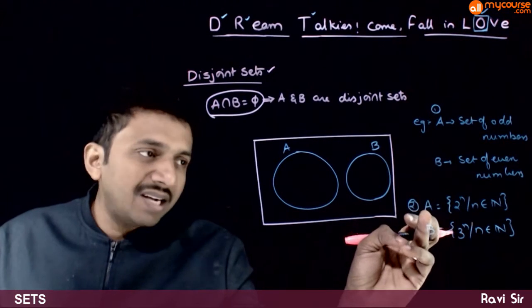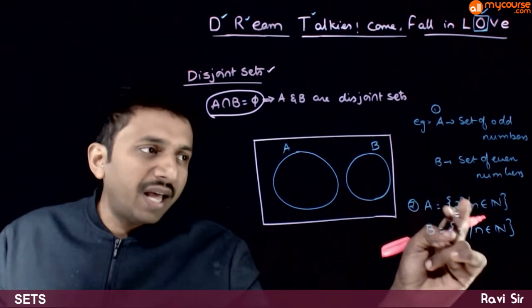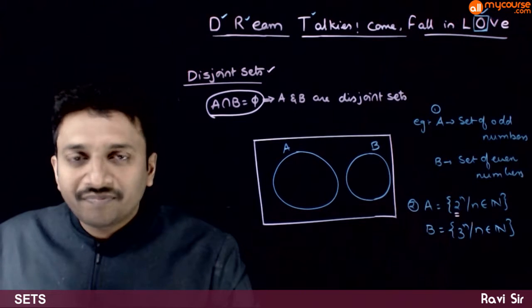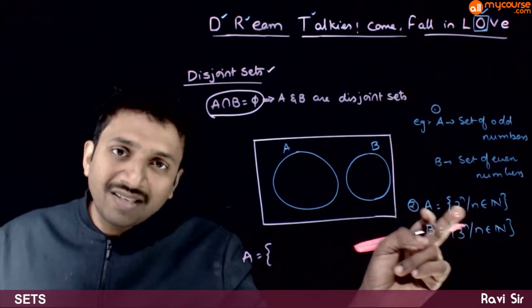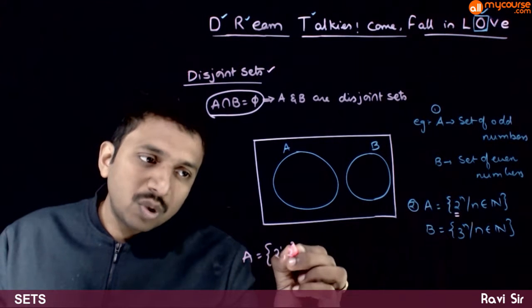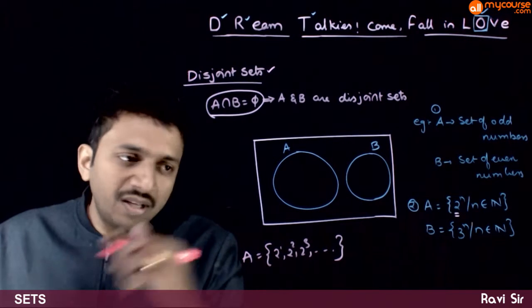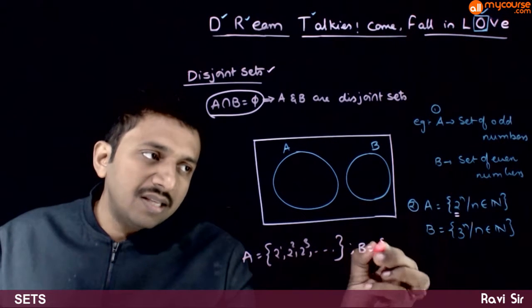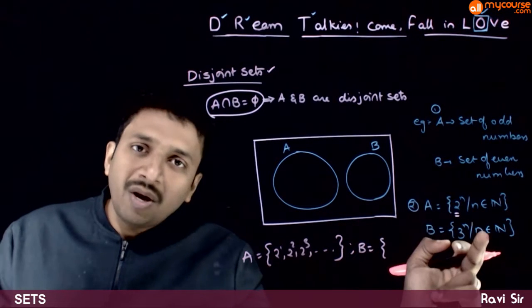Similarly, say A is a set containing numbers of the form 2 power n where n belongs to natural numbers. If you write this in roster form, n is 1 first, so 2 power 1, 2 square, 2 cube, and so on. Let this be set A. And set B is a set containing numbers of the form 3 power n where n belongs to natural numbers.